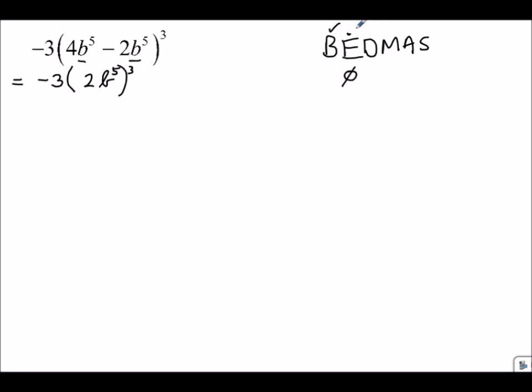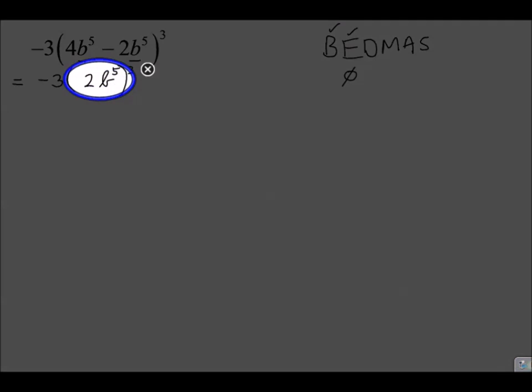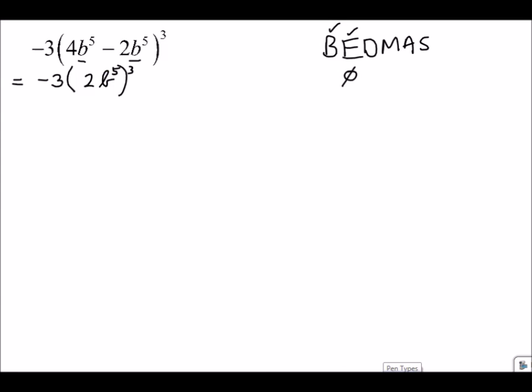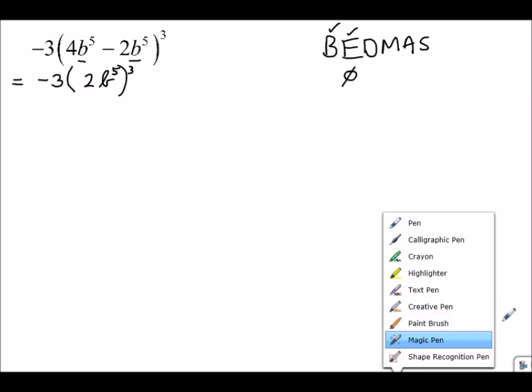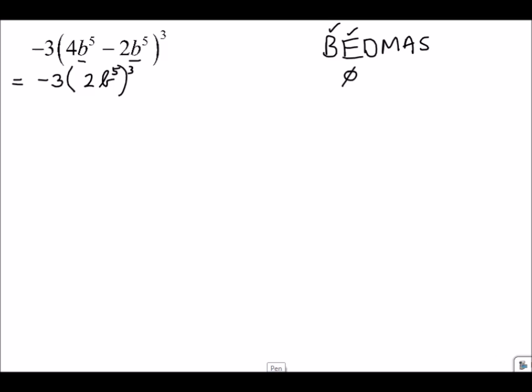Now I'm going to deal with the exponent, which applies to this part of my calculation. So the first thing I'm going to do is copy down my negative 3.